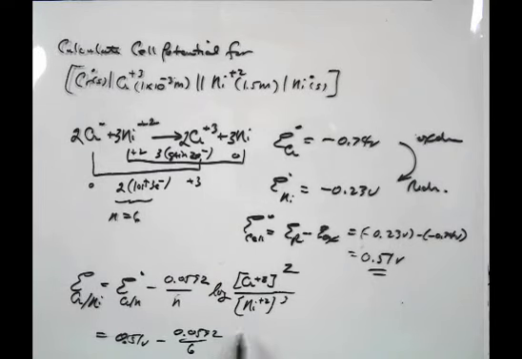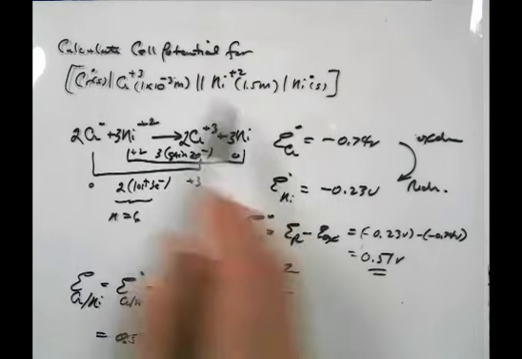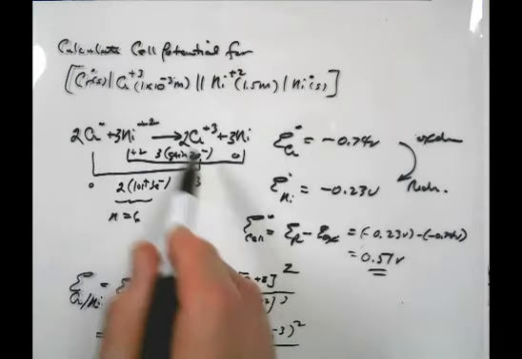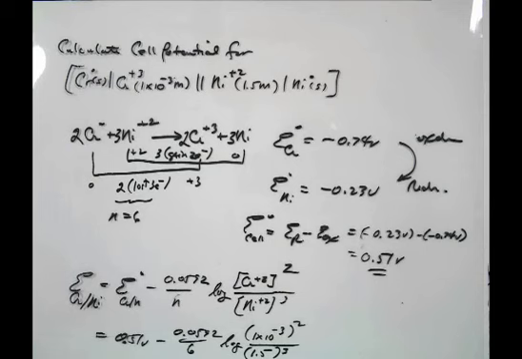All right, so log, my chrome is 1 times 10 to the minus 3 squared over nickel, which is 1.5 cubed. And so, off you go with the calculator. Everybody good?